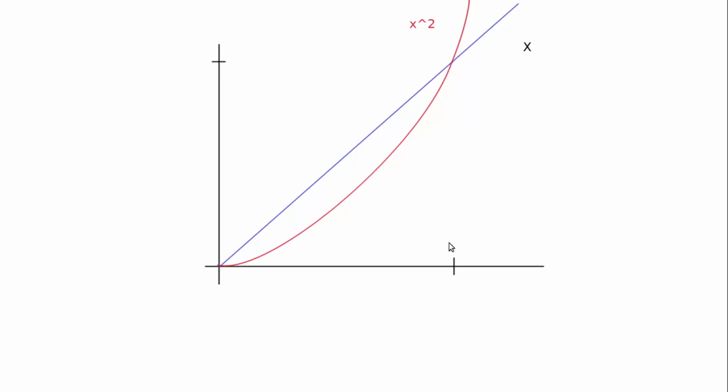And for values of x bigger than 1, x squared is above x. Similarly, as n goes to infinity, x^(n+1) will get closer and closer to 0. At 1, it will still be 1, and for values of x bigger than 1, x^(n+1) will go to infinity.